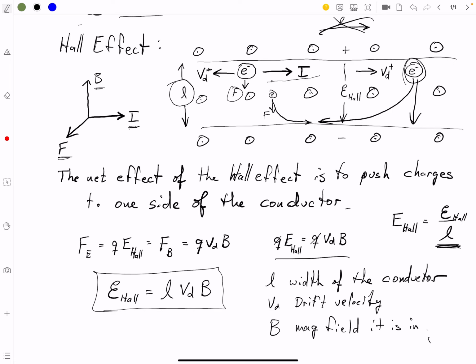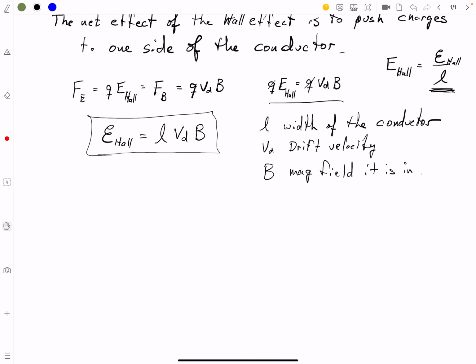Okay, one more equation for all of our power. What if we wanted to solve this equation for the drift velocity?